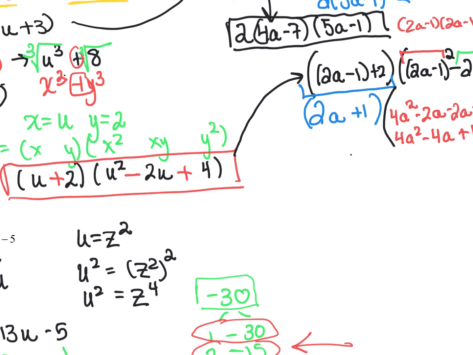This piece, I'm going to distribute the negative 2 into and get negative 4a plus 2. So let's put this all together.